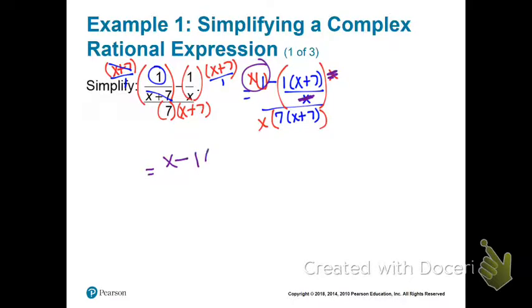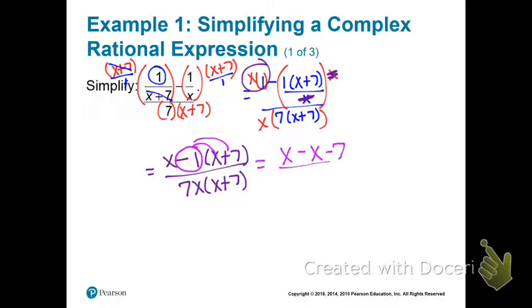I'm just going to bring down that 1 times x plus 7 over, and then here it's all being multiplied, so I'm going to make that 7x times x plus 7. Then we just got to simplify the numerator and see if we can cancel anything. So in the numerator, we're going to need to distribute that -1. So we got x minus 7 over our 7x times x plus 7.